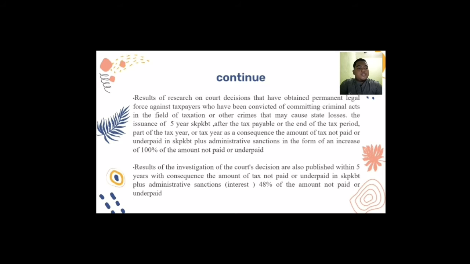As a consequence, the amount of tax not paid or underpaid in SKPKBT, plus administrative sanction in the form of an increase of 100% of the amount not paid or underpaid. The result of investigation of the court decision is also published within 5 years, with the consequence that the amount of tax not paid or underpaid in SKPKBT plus administrative sanction or interest of 48% of the amount not paid or underpaid.